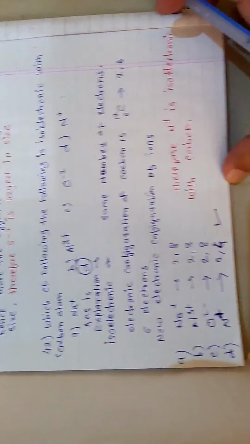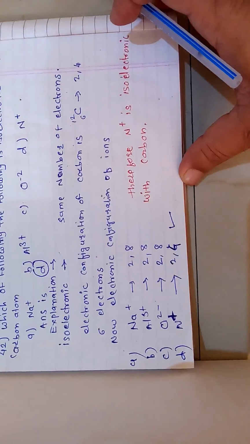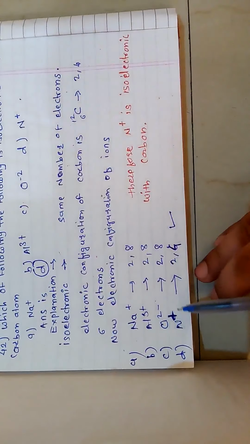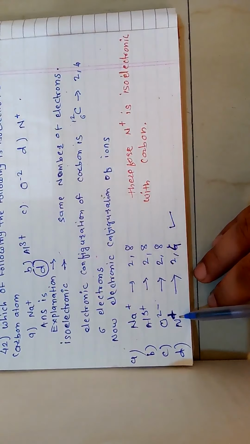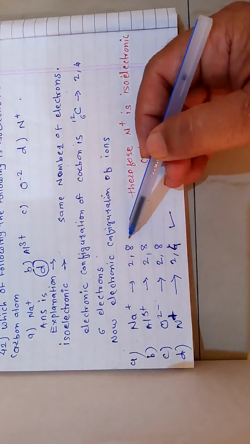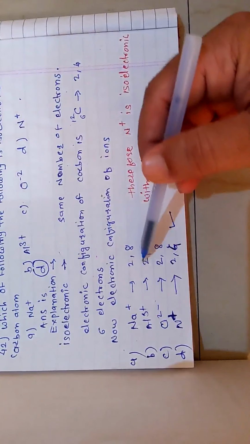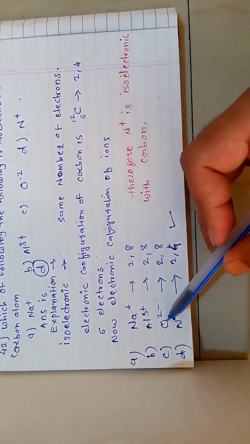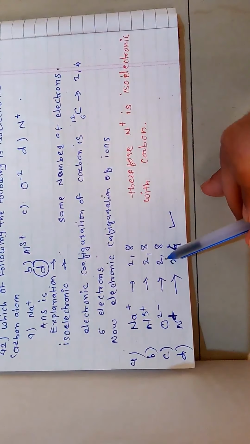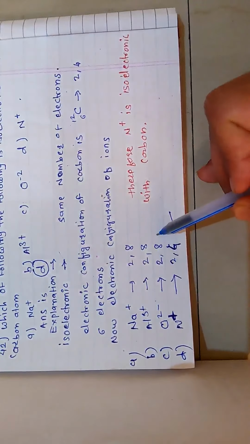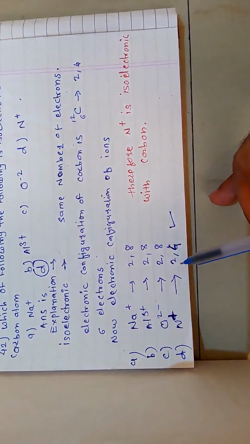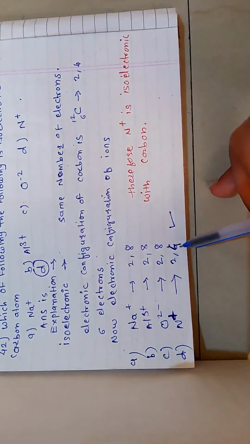Here the electronic configuration of ions are given: sodium plus, aluminium 3 plus, oxygen 2 minus, and nitrogen plus. Sodium plus showing electronic configuration 2, 8, aluminium 3 plus showing electronic configuration 2, 8, again oxygen 2 minus showing electronic configuration 2, 8, but nitrogen plus showing that electronic configuration 2, 4.